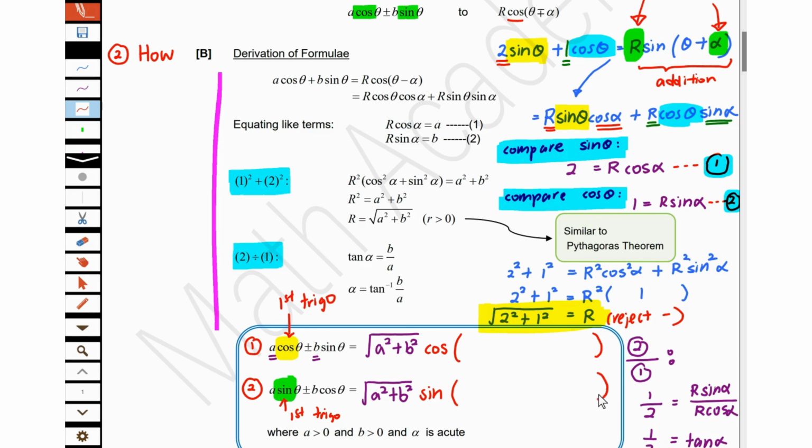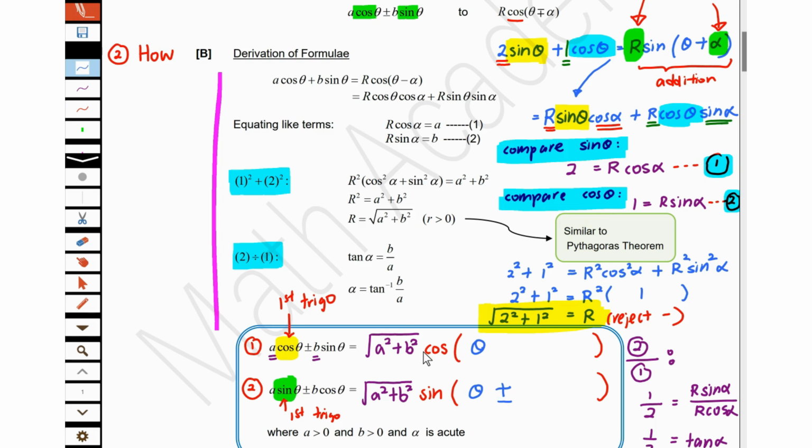Open bracket. Now, if the angles are theta and theta, then in the bracket, it must be theta. If it's a 2 theta, then this must be 2 theta. One more time, theta, theta, the first angle shall be theta. Now I'll do the second one first. For a sin statement, if this is a plus, then you shall see a plus in the bracket. If it's a minus, then you must follow, it's a minus.